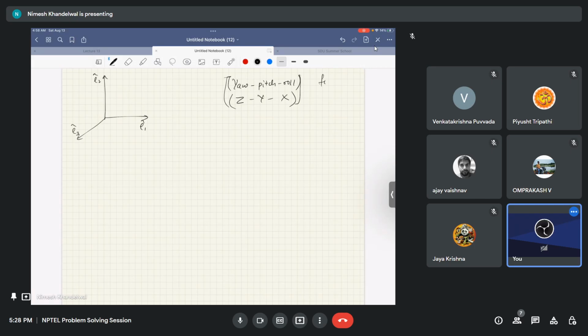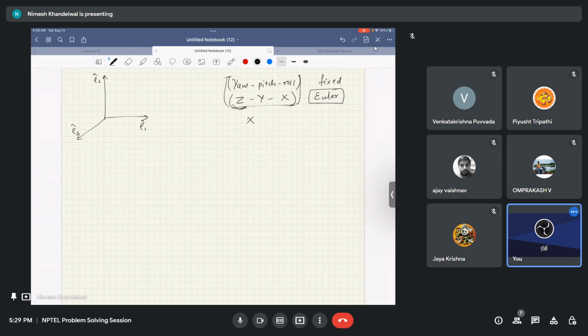One is fixed axis and one is what we call the Euler rotation representation. If you use Euler ZYX, then you first rotate about Z axis, or the E3 axis in our case.